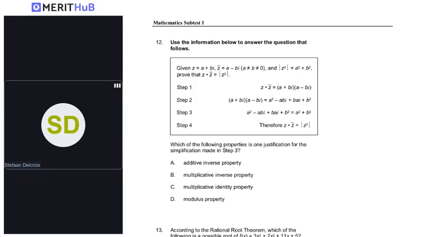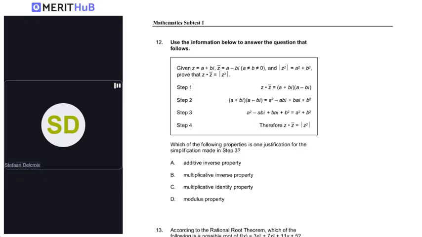Step 1, z times z bar is a plus bi, a minus bi. Step 2, a plus bi, a minus bi is a squared minus abi plus bai plus b squared. Step 3, a squared minus abi plus bai plus b squared is a squared plus b squared. Step 4, therefore z times z bar is the absolute value of z squared.